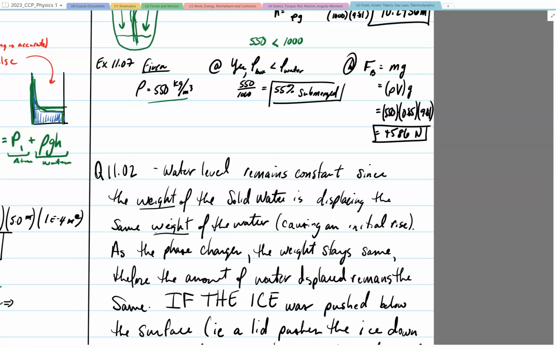And as we discussed in class, the portion of the box that's submerged is simply a ratio of densities of the less dense object to the more dense object, and we have 550 divided by 1,000, so that tells me that about 55% of the box is submerged, so about half of it will be under water when placed into that pool.